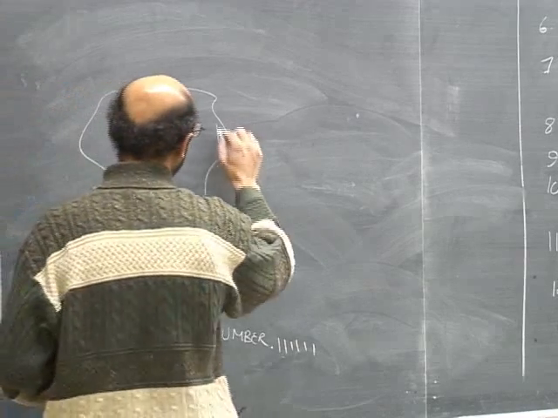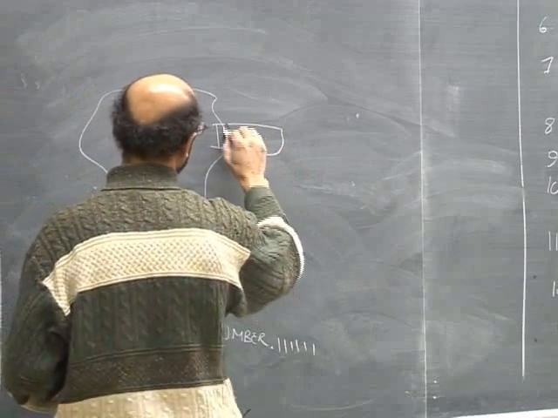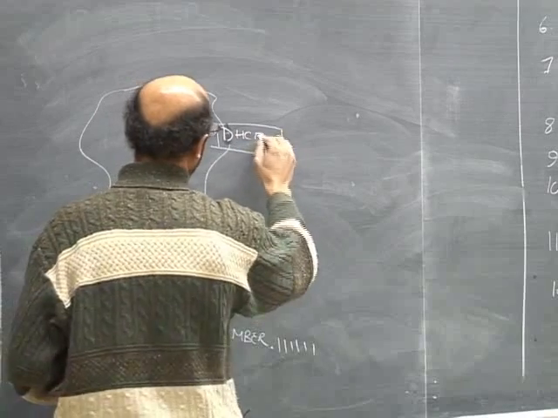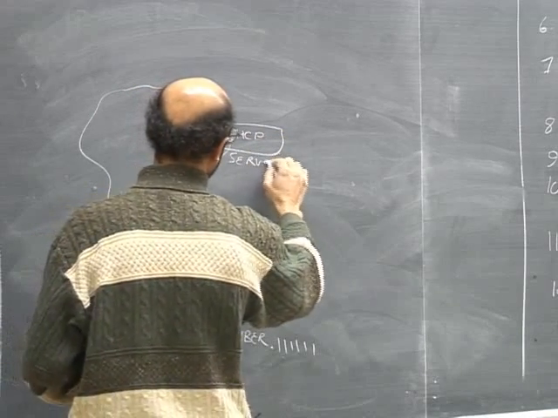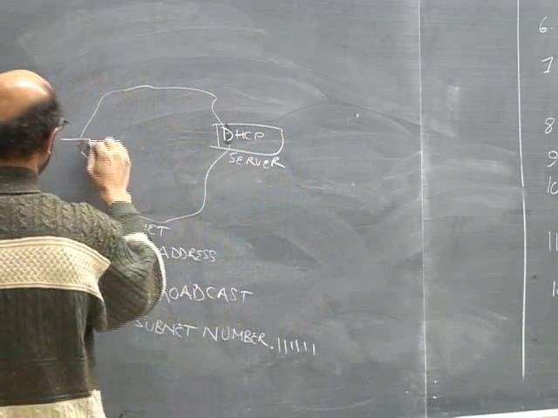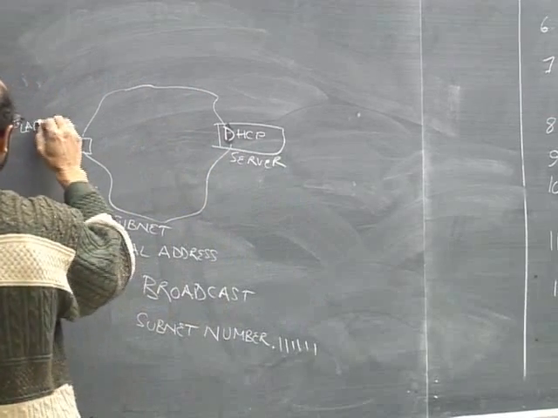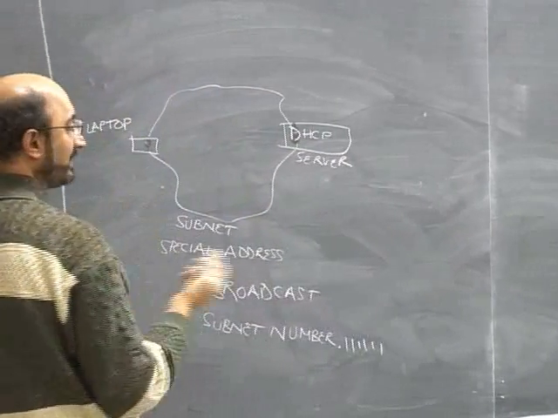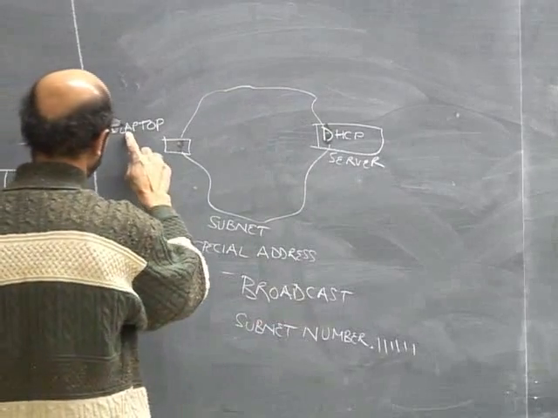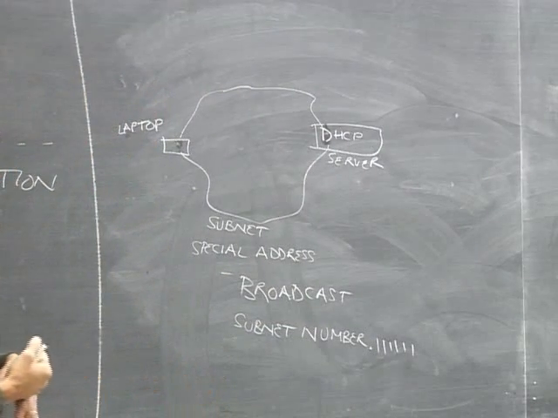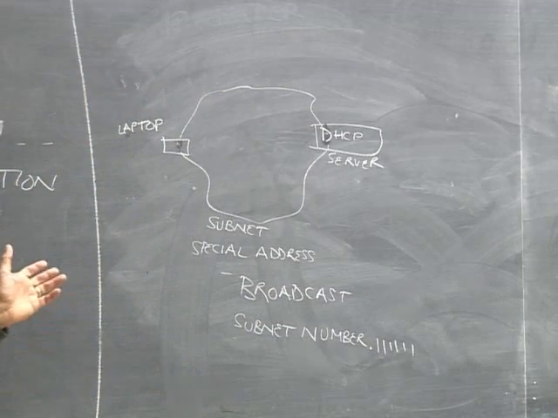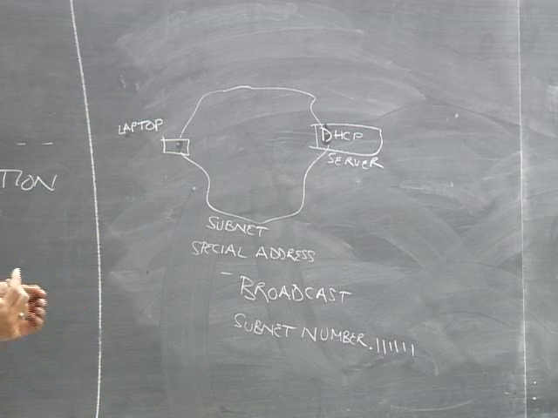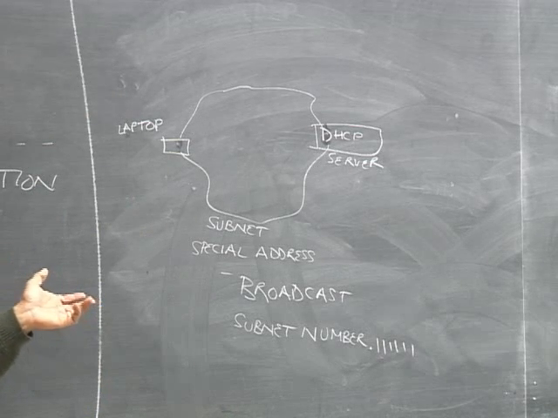So in this subnet, we'll have a server, which is called the DHCP server. And here is my laptop, let us say, which needs an IP address. The laptop doesn't have an IP address. So what the laptop is going to do is send a broadcast out saying, I need an IP address, can somebody give me an IP address?